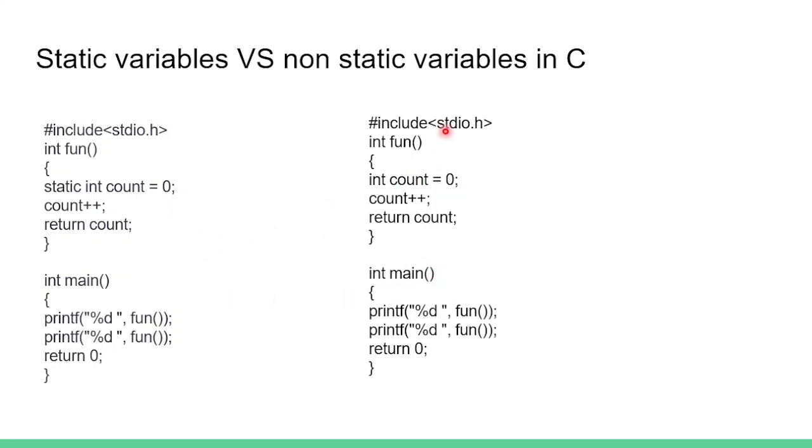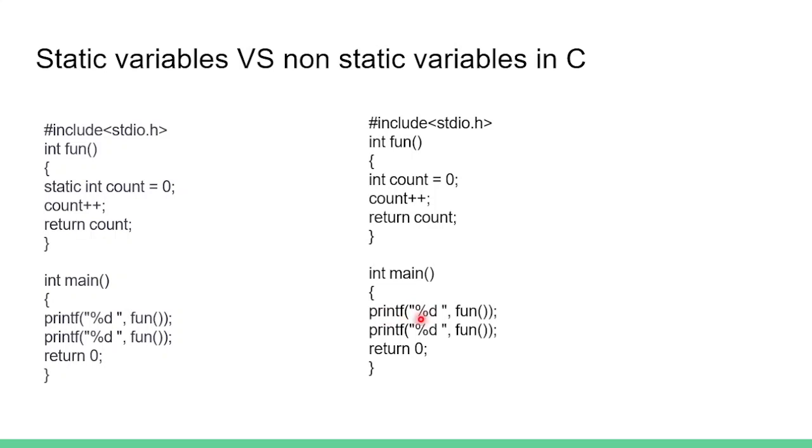So let us consider this case. In this case, we have count equal to 0, count++, return count. So in the main function, it is printing the function, and again it is printing the function. In the first case, count is equal to 0, count++, so it will be incremented and count will be 1.